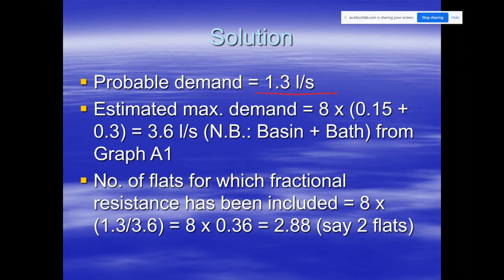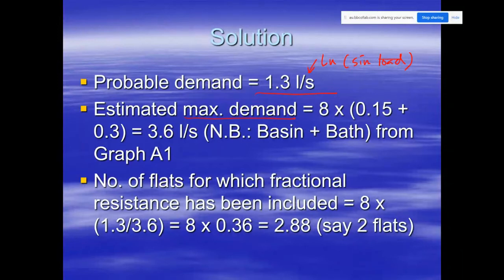This one comes from the loading unit, which means it is a simultaneous load. You may ask what happens if all 8 apartments operate all the fixtures at the same time. That means we are talking about the maximum demand.